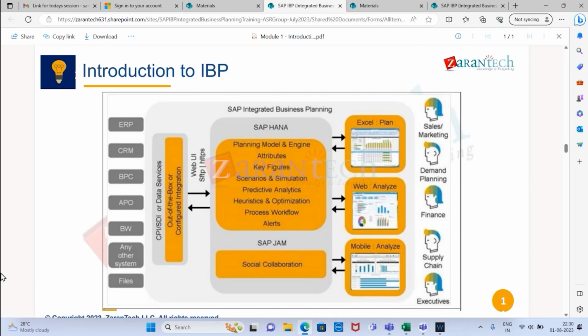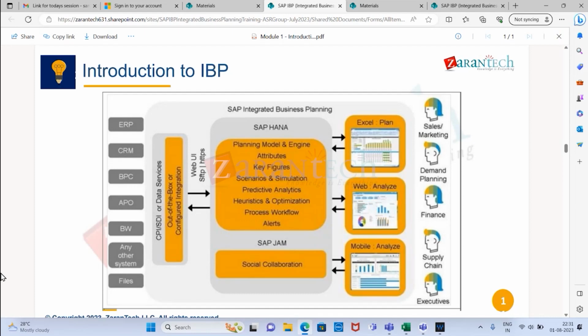And at the end of this, it will give you the net requirement. So MRP basically does the job of calculating the net requirement, considering all the inventories, goods in transit, goods in pipeline, and stuff like that. So MRP is giving the inputs to IBP.